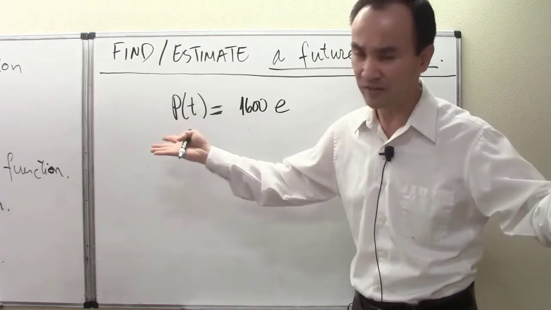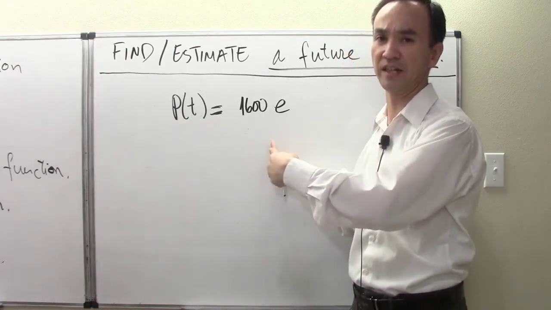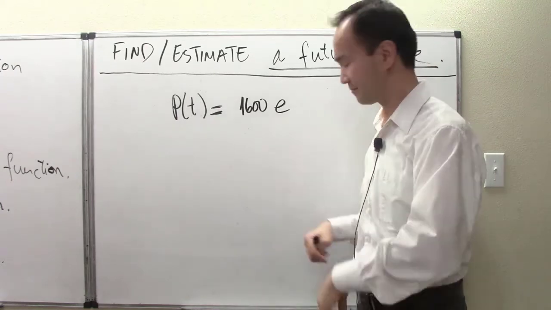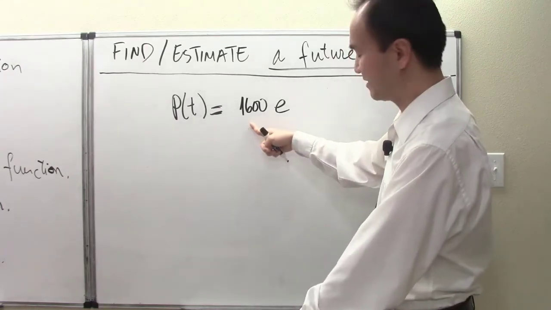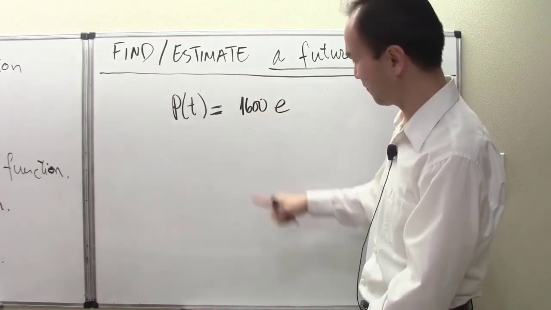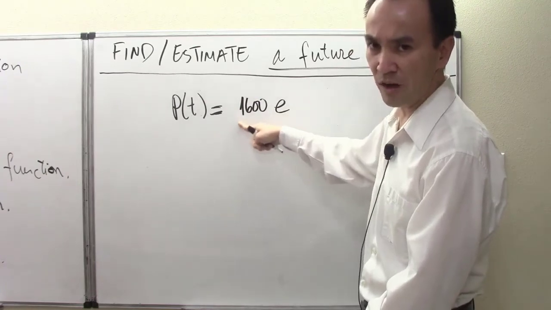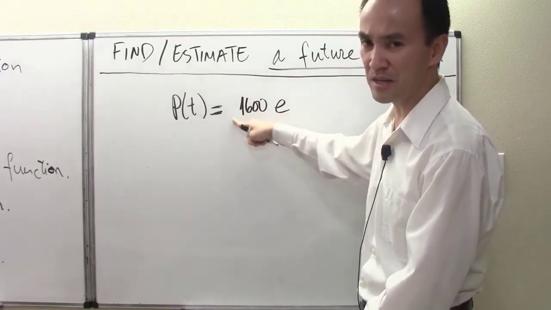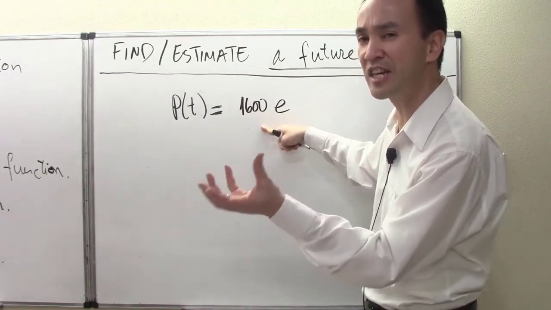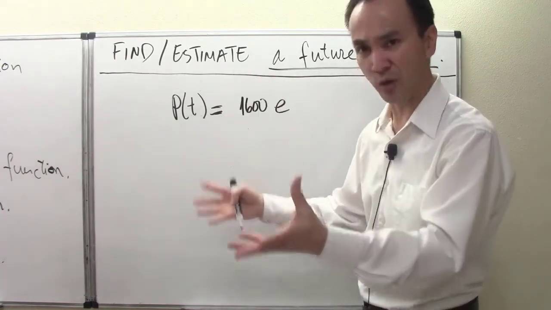But that's not even important in this particular problem because the model was already given to us here. Okay, it's base e. So 1600, just keep in the back of your mind the meaning of any of these numbers. For example, right now as I'm writing this down, for anyone viewing this lesson, you can start being aware of what this 1600 as a coefficient in this function means in the actual problem.